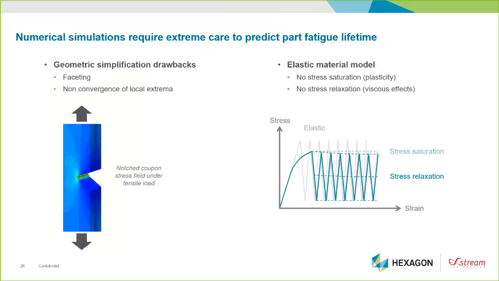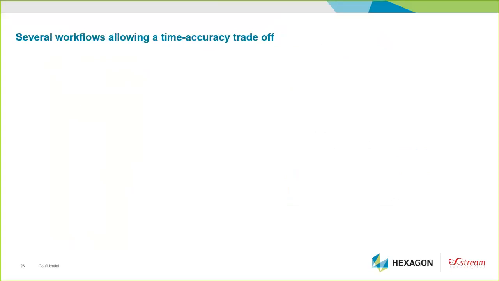So we would predict higher lifetime if we accounted for those aspects. Today we are using elastic simulations, and so we are most likely, 100% sure, underestimating lifetime given those simplifications. So that's why we need a specific workflow, a specific environment.